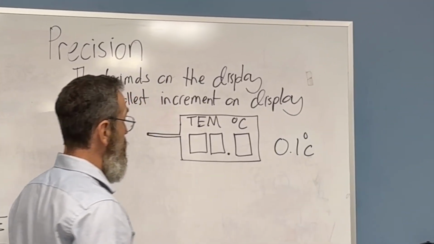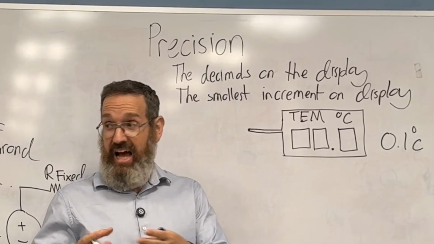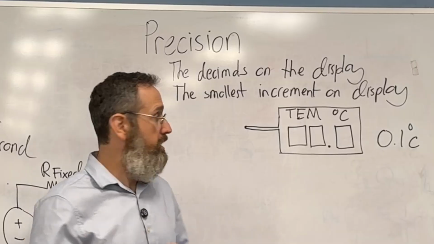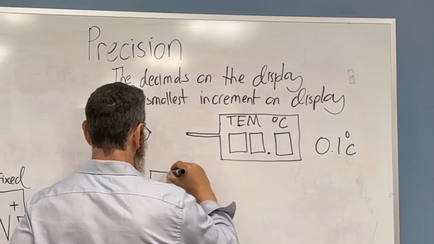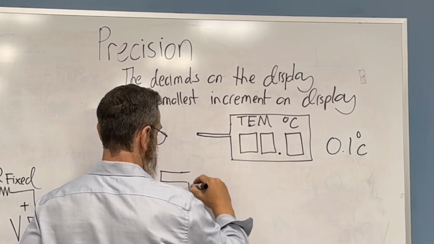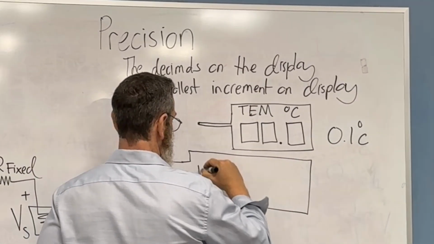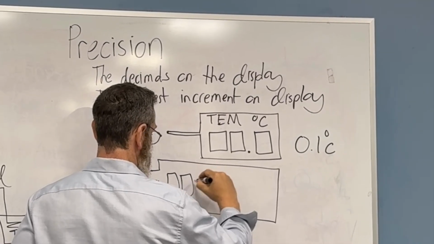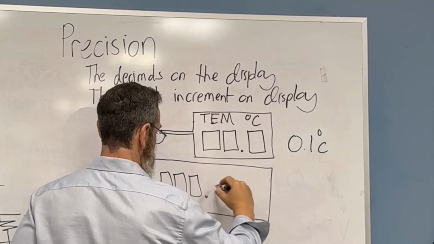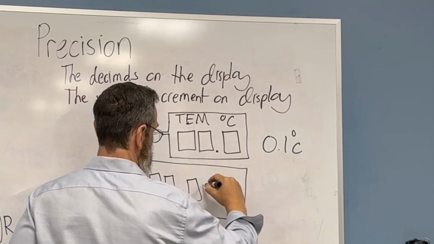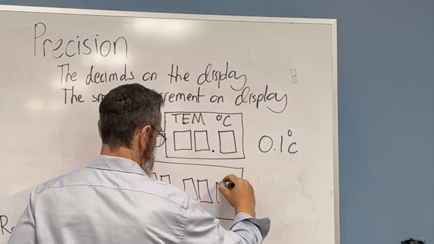You buy a laboratory grade device, a fancier device, and it has 1, 2, 3 decimals.